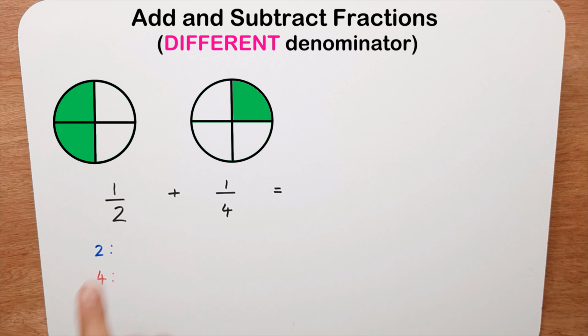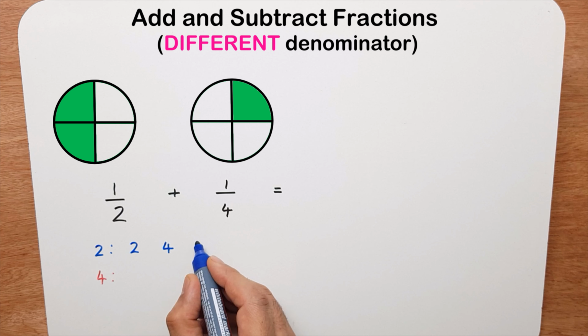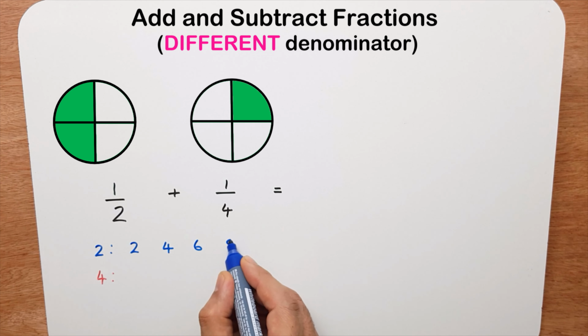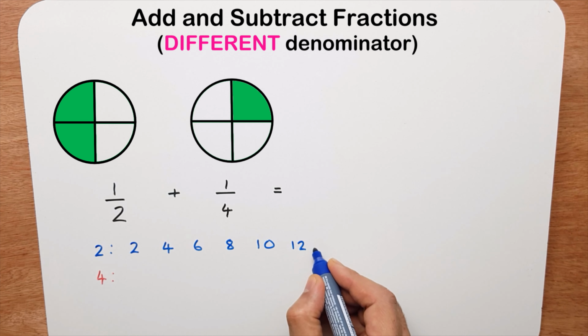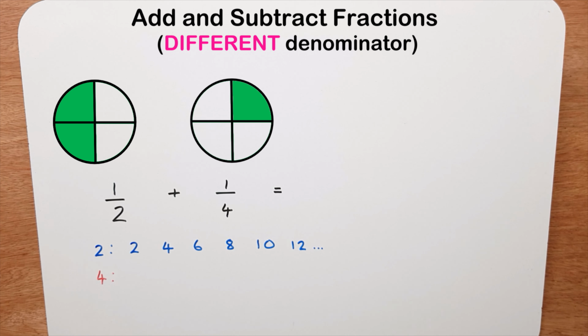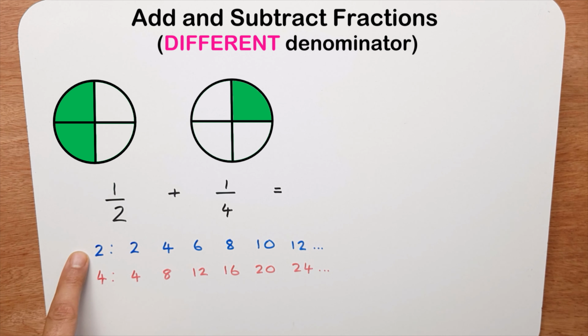So let's do the 2 times table. 2, 4, 6, 8, 10, 12, and so on. 4, 8, 12, 16, 20, 24, and so on. This is where it's important to learn your times tables because it makes this step much easier.